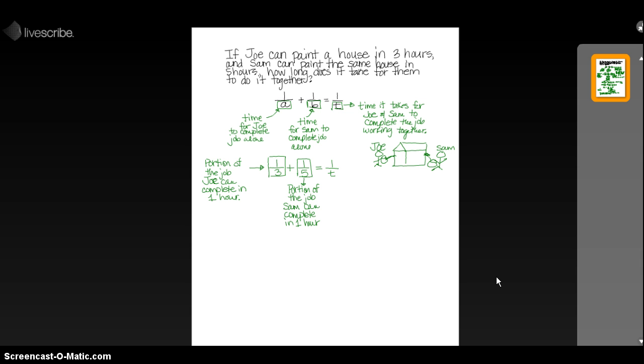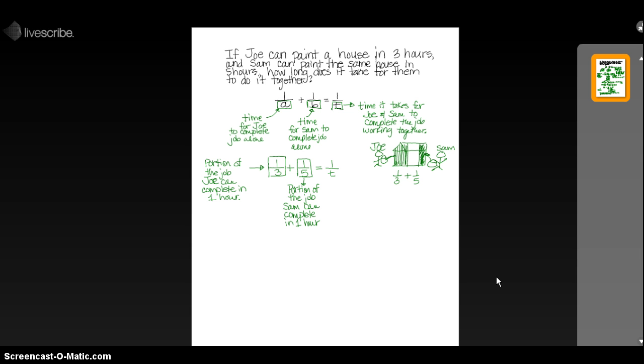And let's say we tell them each to paint for an hour. Well, in 1 hour, Joe's going to get 1/3 of the house done. So this looks like about 1/3 of the house. And in that same hour, Sam is going to get 1/5 of the house done. So maybe this is 1/5 of the house. That's Sam's portion. So after 1 hour, they've completed 1/3 of the house plus 1/5 of the house.